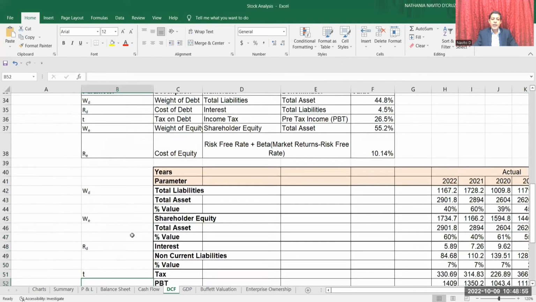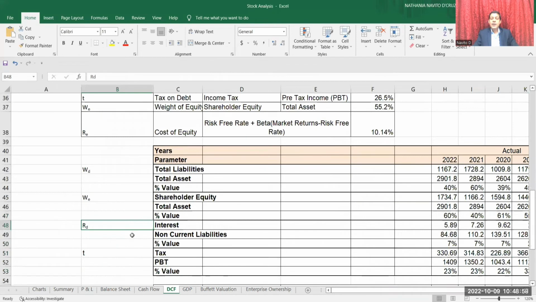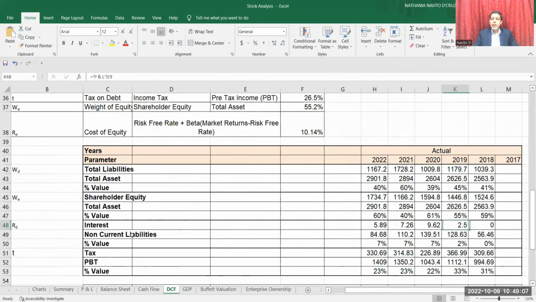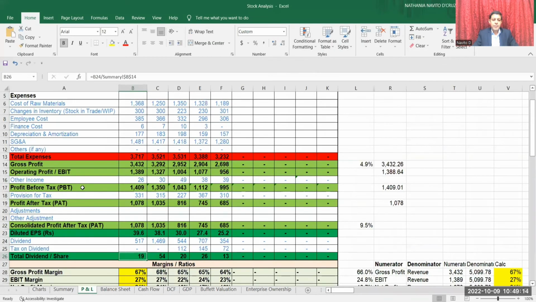Then we look into RD. RD is the cost of the debt. That means how much interest the company is paying on the debt. So we take the interest from the P&L, profit and loss. So I looked into the profit and loss statement, P&L B9, finance cost. These are the values of the interest which the company is paying on the debt.